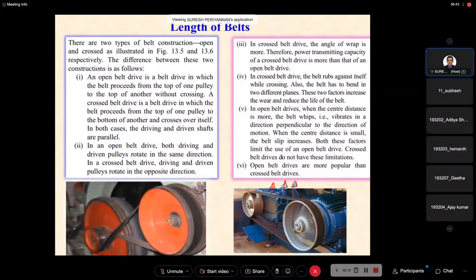It's not parallel to the direction of motion. You may expect this type of objective question. When the center distance is small, the belt slip is going to increase.